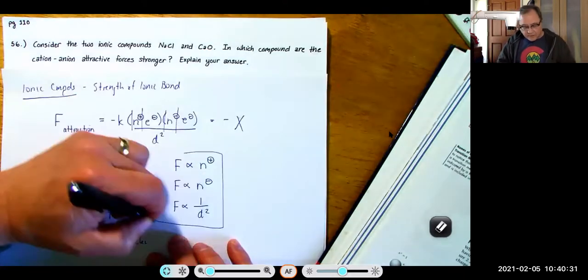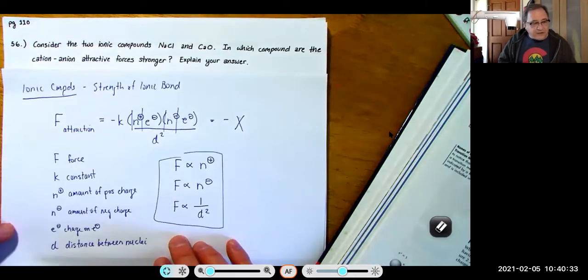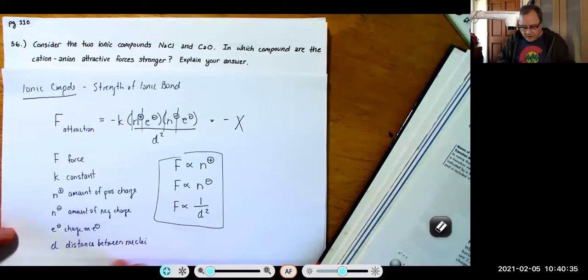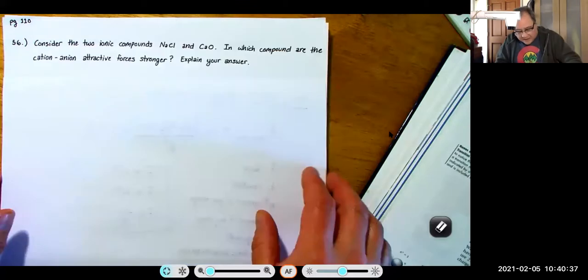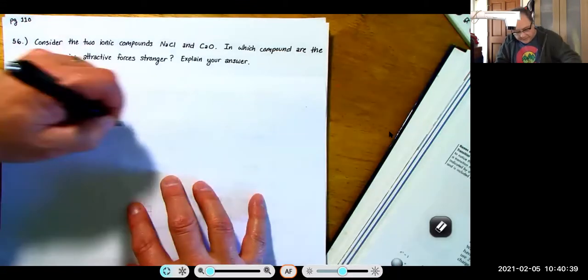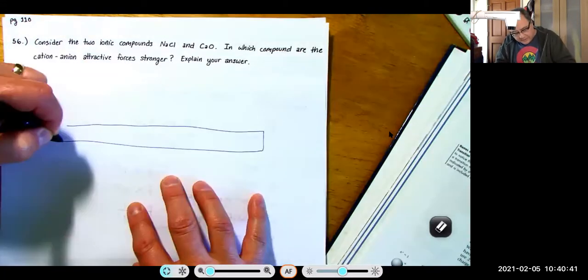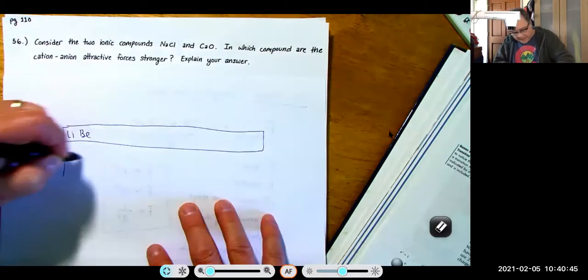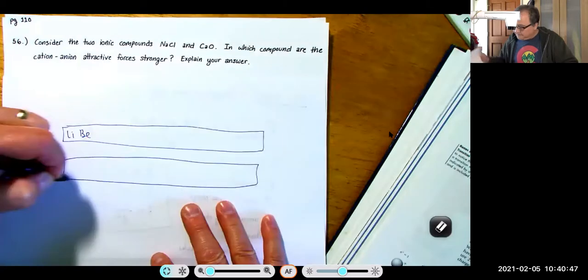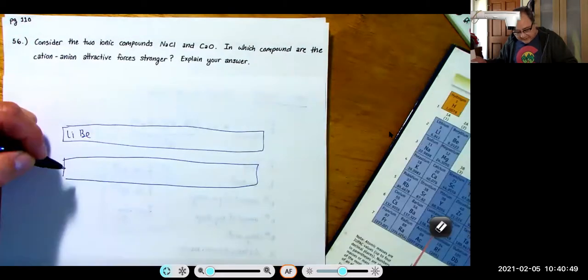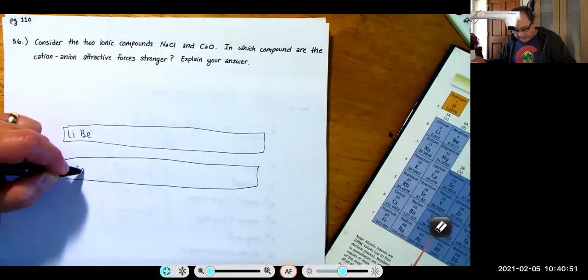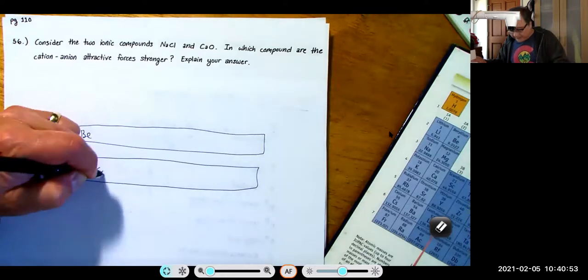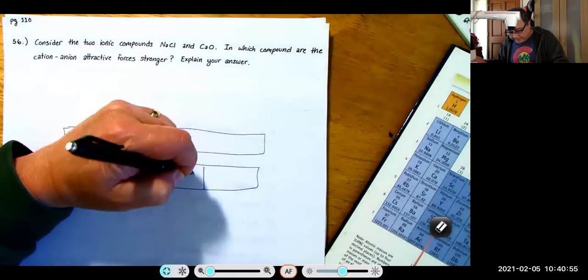And the other thing that we want to know is the following. When we look at the size of ions in a period, so lithium, beryllium, actually, let's do the period below that. Let's do potassium, calcium, scandium, all the way over to zinc and gallium.